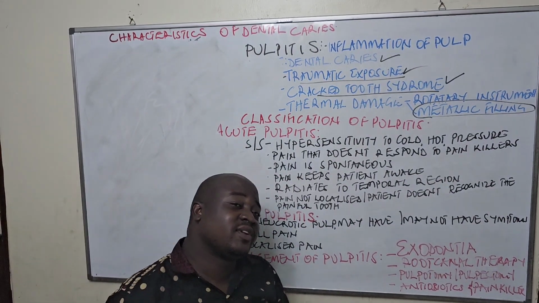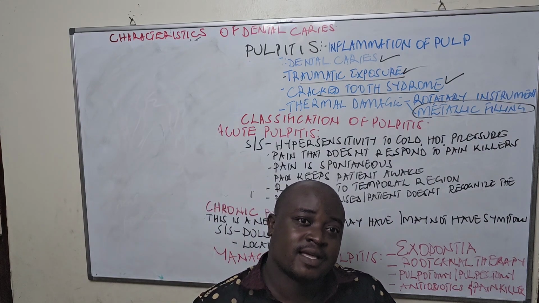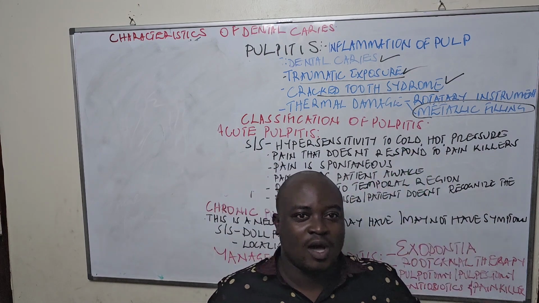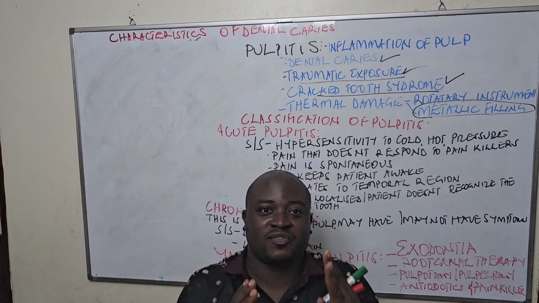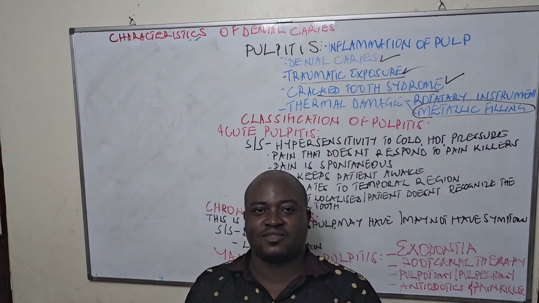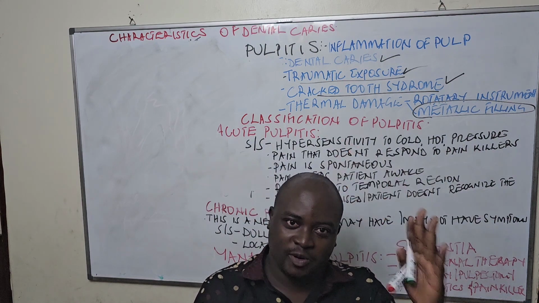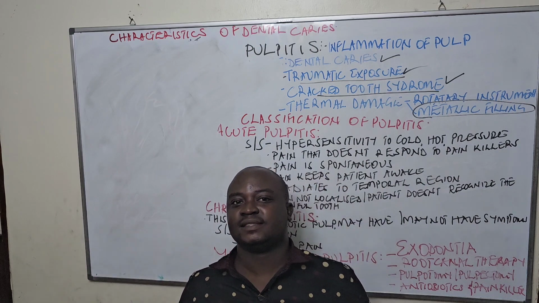You may have different classifications of pulpitis. Some you shall hear them talking of irreversible and reversible. But the general and simplified way to classify pulpitis is in terms of acute pulpitis and chronic pulpitis.